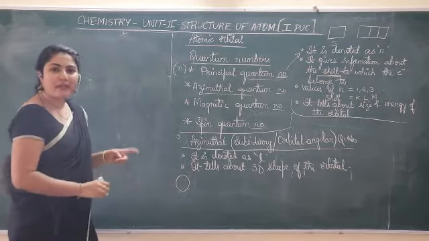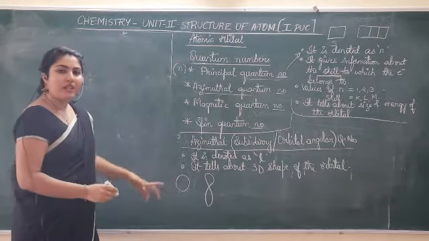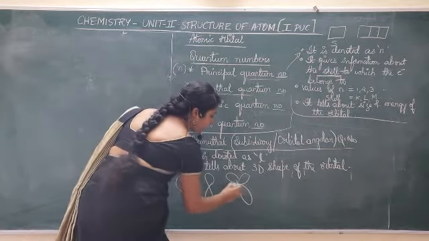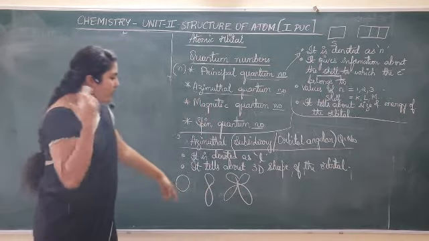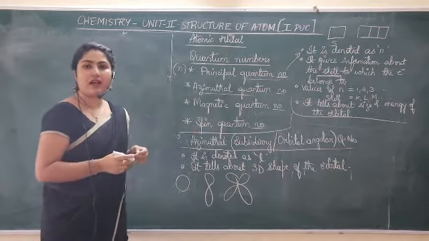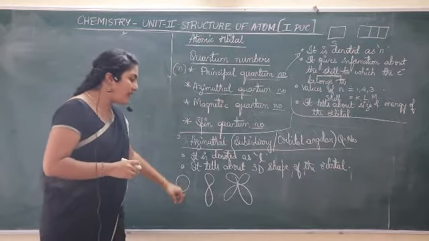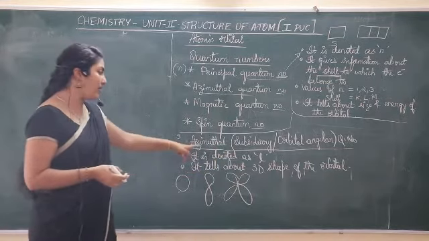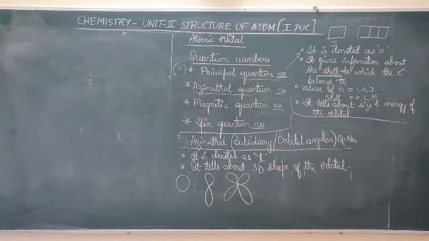The shape of P orbital is dumbbell, we say. The shape of D orbital, we say double dumbbell shaped. How do we get to know about this? It is by knowing the azimuthal quantum number. That is, how do you know that it is S, P or D orbital or F orbital? By knowing azimuthal quantum number. We shall see now.